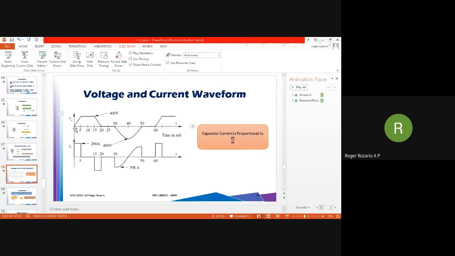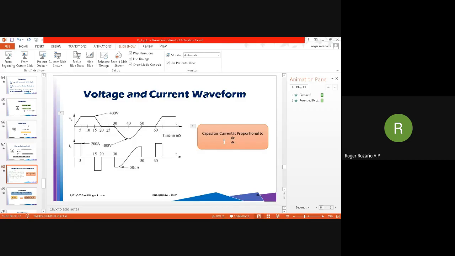Yes. The first waveform is nothing but the voltage across a capacitor. This is a typical voltage waveform of the capacitor. And the second is the current arising because of the voltage applied between the two plates of the capacitor. You know the capacitor current I equals C into dV by dt.